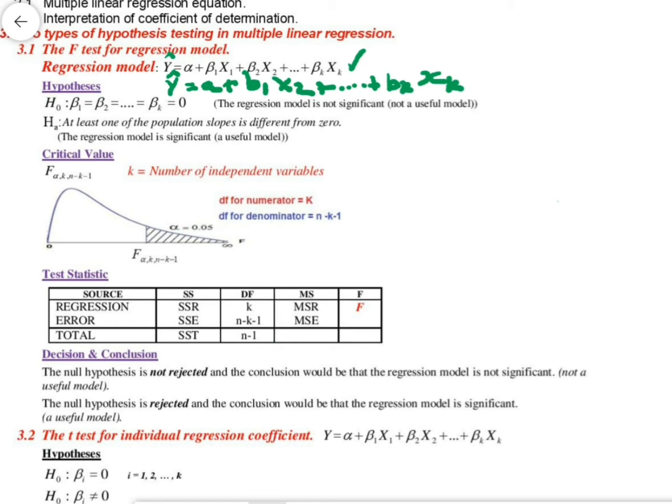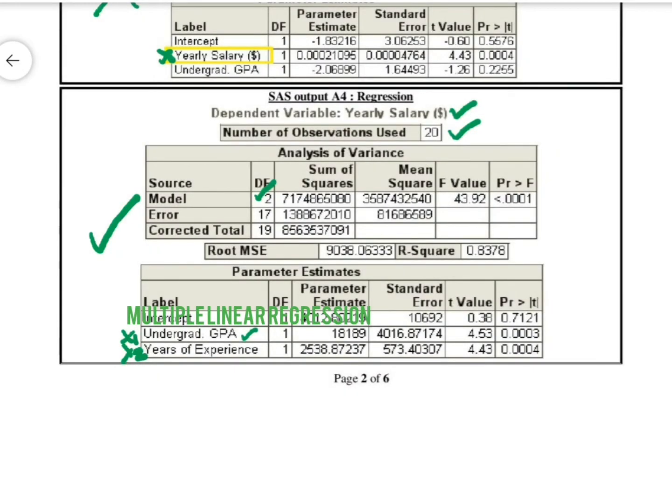Now let's see our output and identify a, b1, b2. Here is the intercept, the y-intercept. a is 4012.80219.